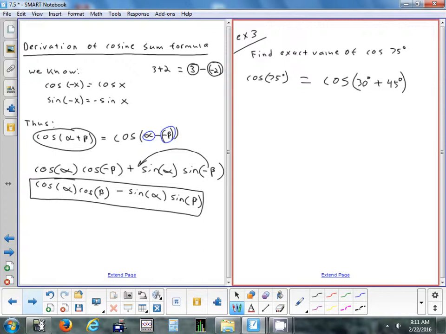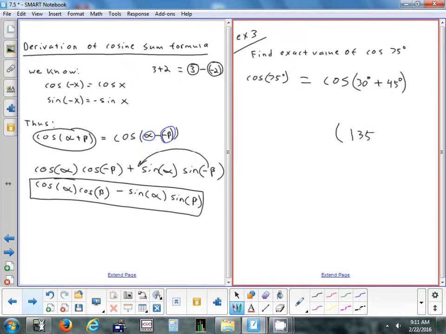Did anybody think how to get 75 as a difference? 90 minus 15, that's true. But generally we want to try to work with angles that are multiples of 30 and 45.